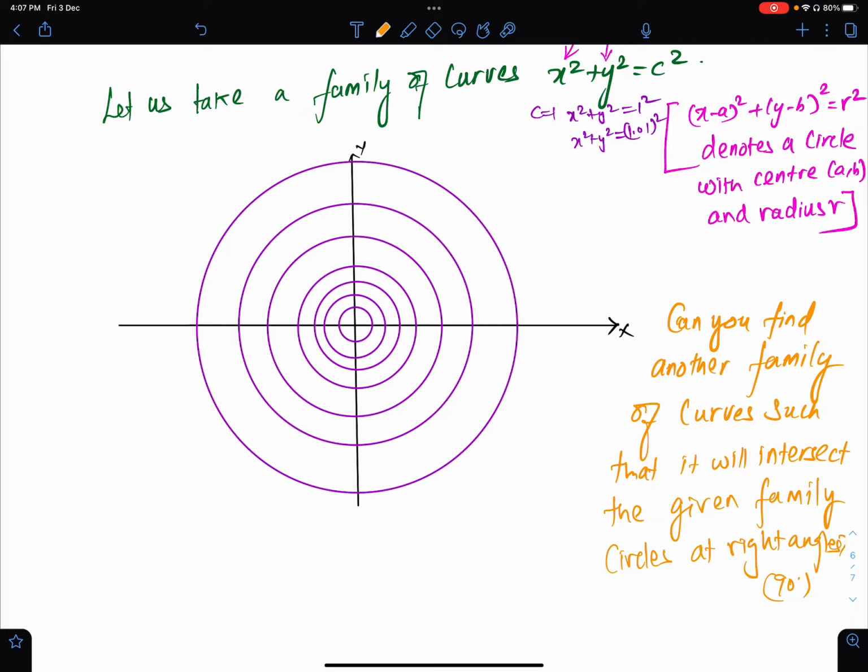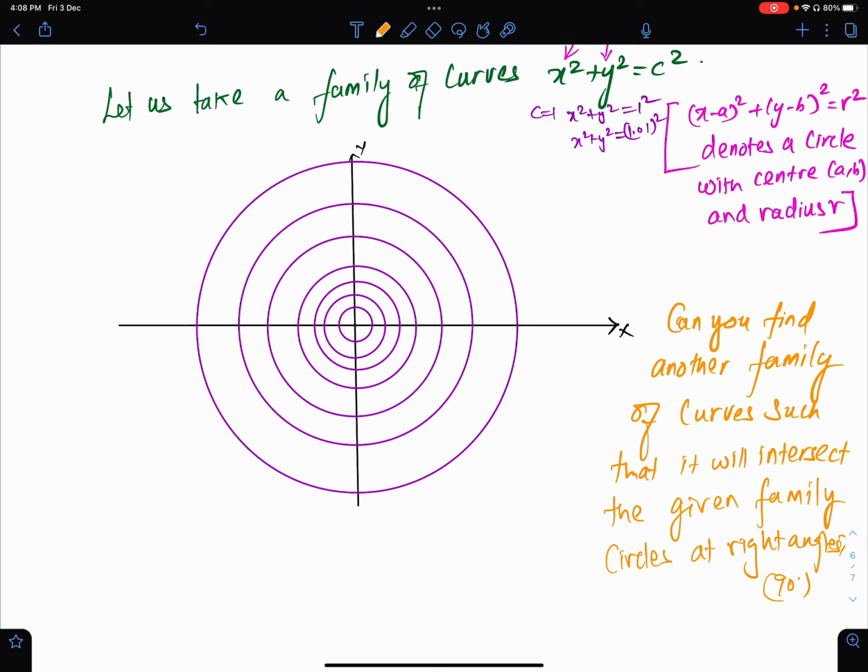So the question is, can you find another family, so that the other family cuts the given family of circles at right angle? Is that possible? If you ask such a question, yes, it is possible.